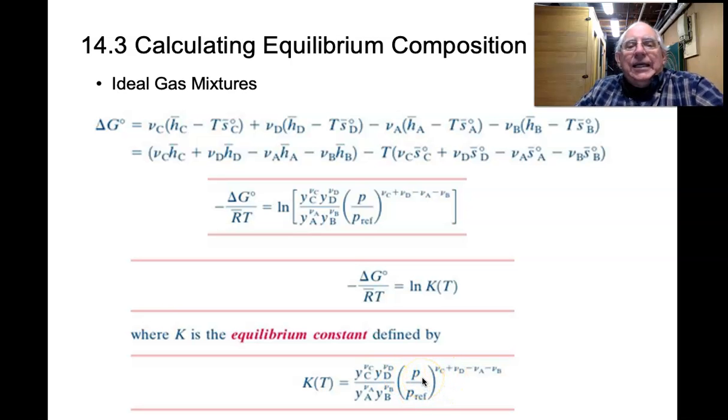The key to this reaction equation is that we obtain for a particular reaction, as a function of temperature, this left-hand side that we introduce as an equilibrium constant at a given temperature. We then can use that to determine the mole fractions of the individual components at a given pressure.